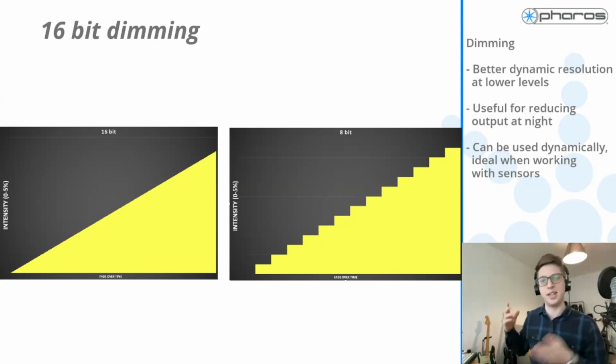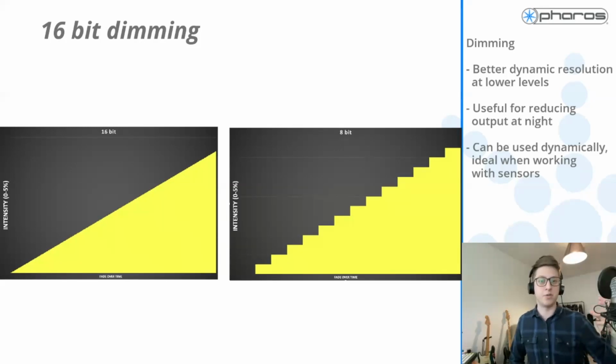You can clearly see on the images here that between 0 and 5%, when you're using 16-bit dimming, you have a lot more steps, a lot more dynamic resolution. So when you pull that master intensity right down for maybe a media facade that's shining at night, you can protect the dynamic resolution within your media content, just giving you again a better look.